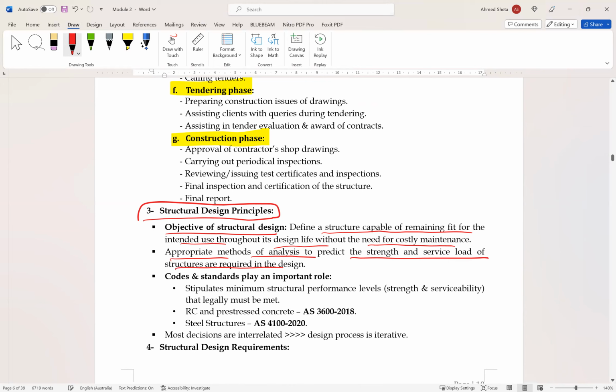Also, you need to know the codes and standards because they play an important role in your design. So you need to stipulate minimum structural performance levels under strength and serviceability that legally must be met. Reinforced concrete and pre-stressed concrete need to comply with AS 3600. The steel structures need to comply with AS 4100.